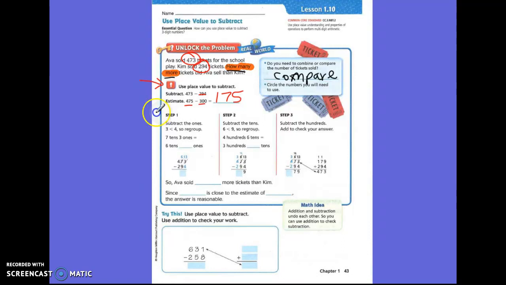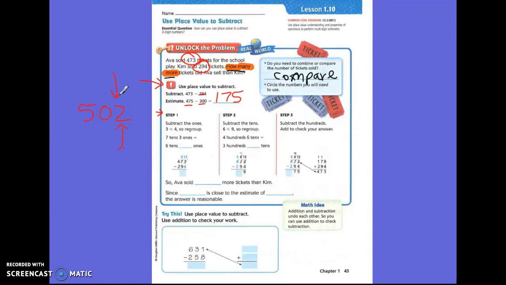All right, step 1 for subtracting with place value is subtract the ones places. If I wrote this number up here, what number is in the ones place? 2. Whenever you start subtracting, you start at the ones place.